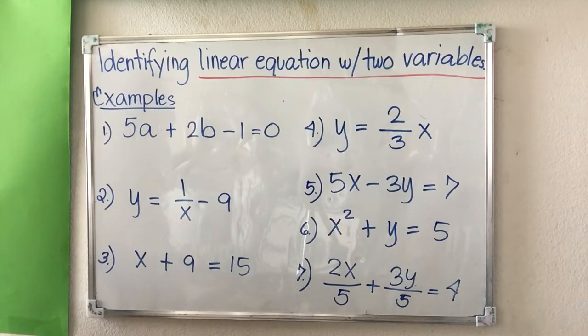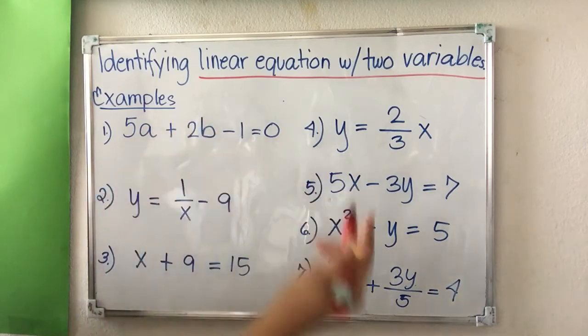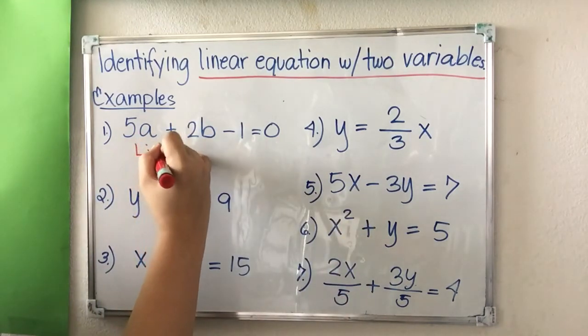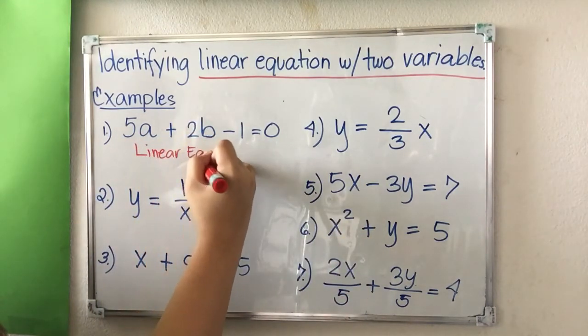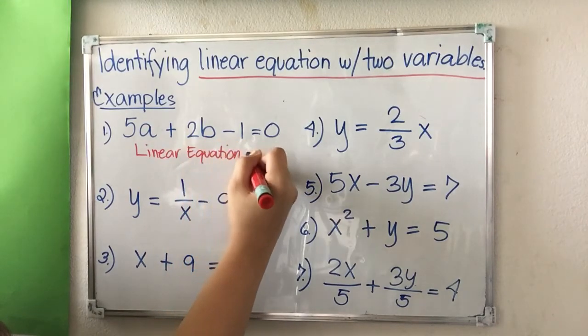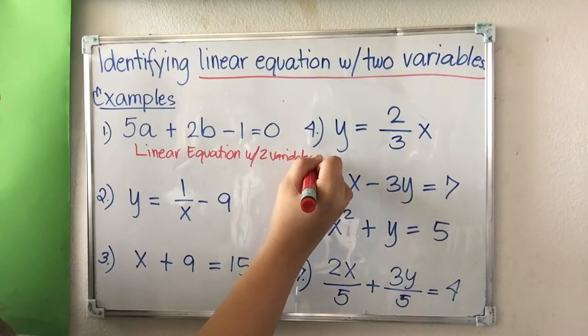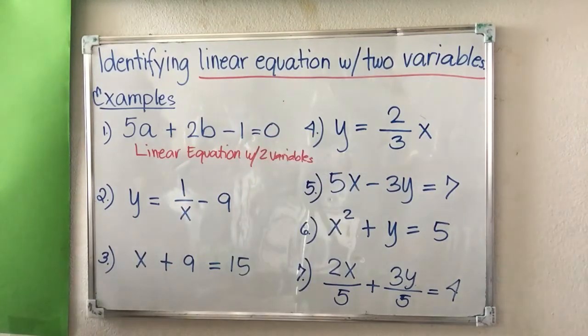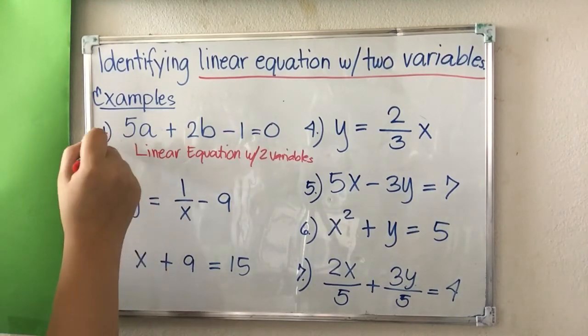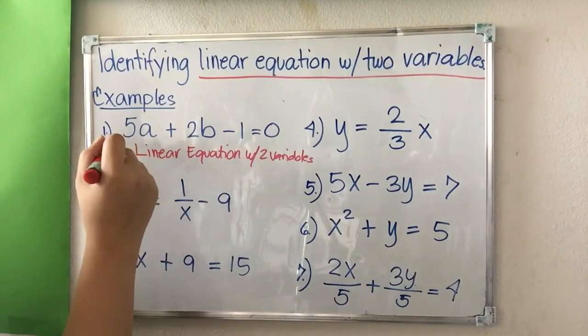So for example number 1, yes, this one is a linear equation with two variables. I will check this one to identify it as a linear equation.